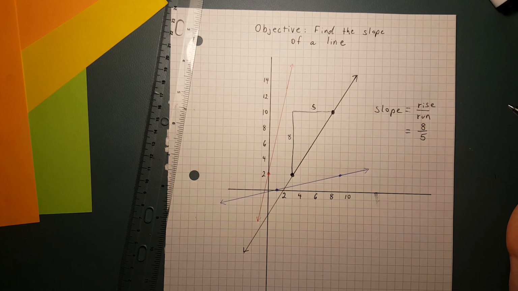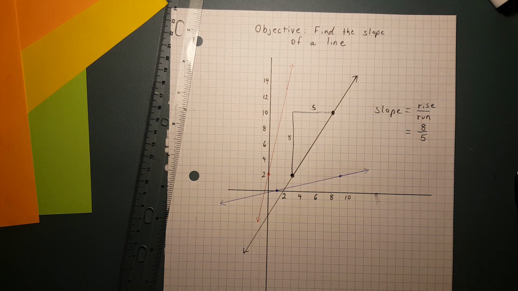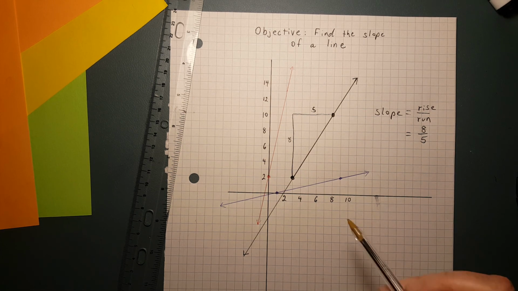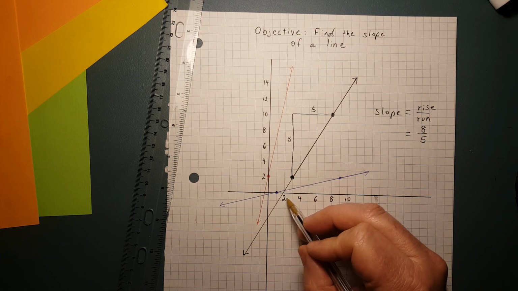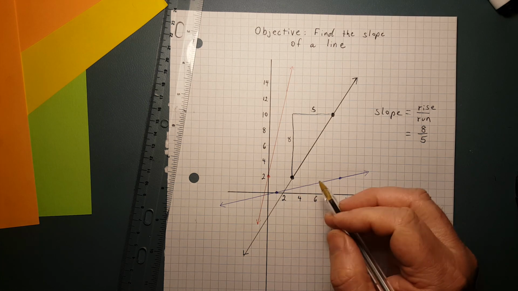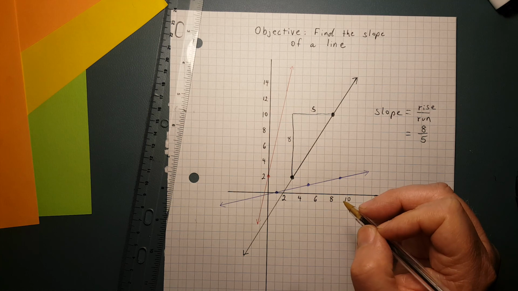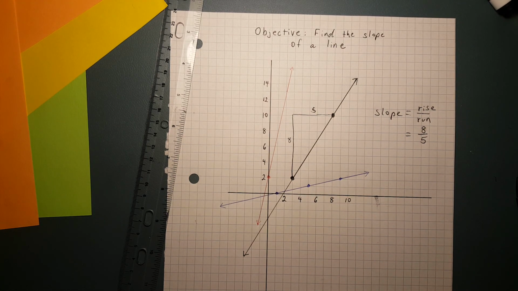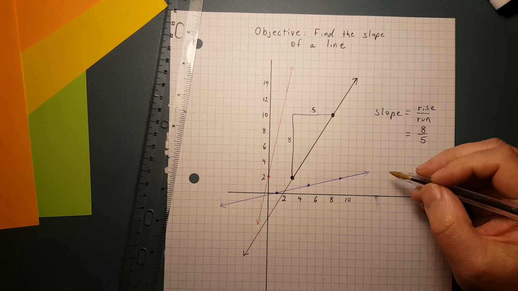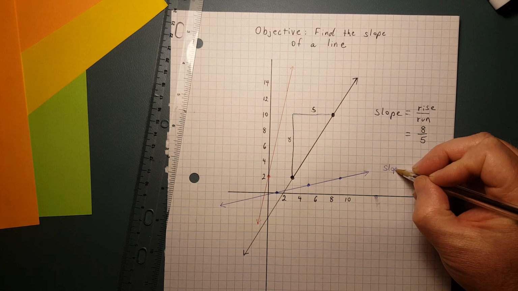Okay. Let's compare that to the blue one, which is definitely not as steep. I found a couple points on here where it went through exactly. I probably could have used this point too. You can pick any two points on the line and you'll get the same answer, and I'll prove that to you in a second. Let's figure out the slope of this line.